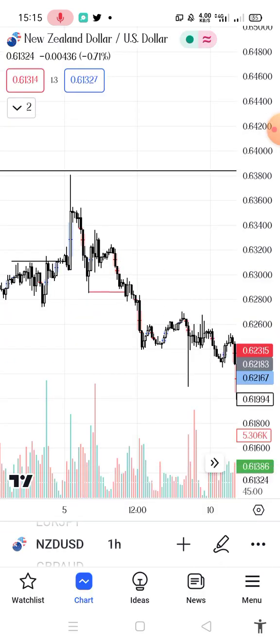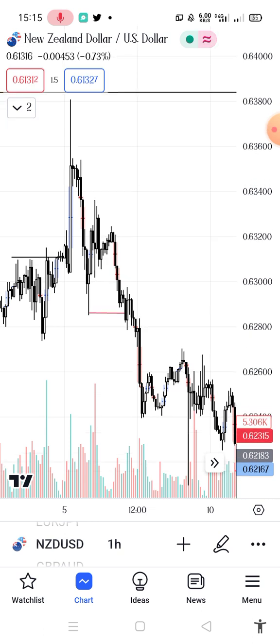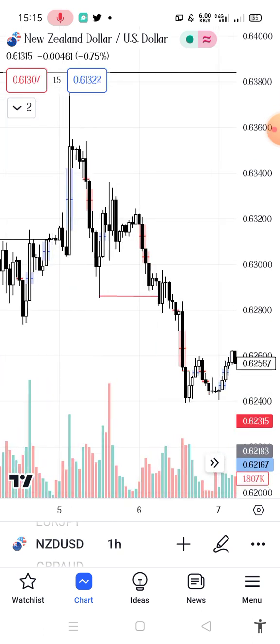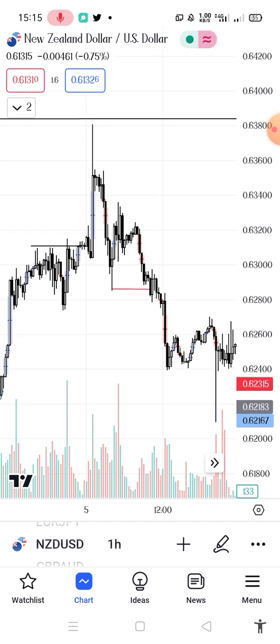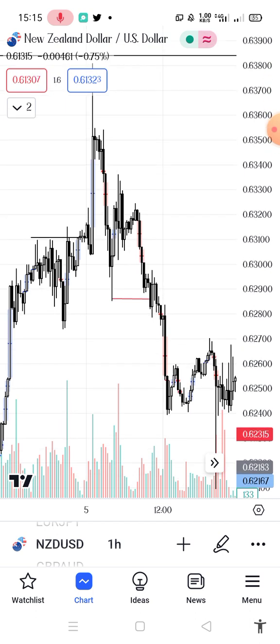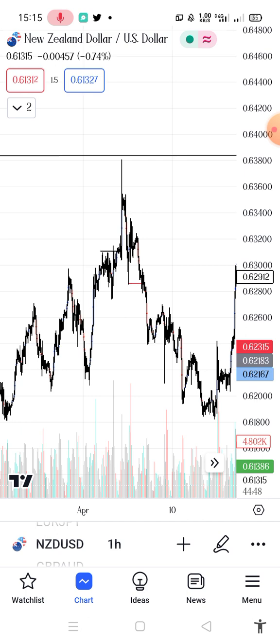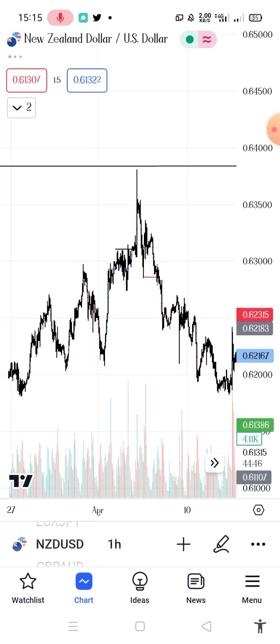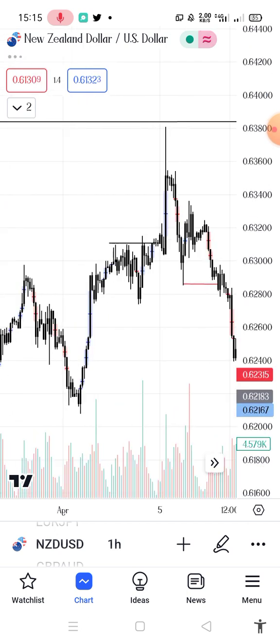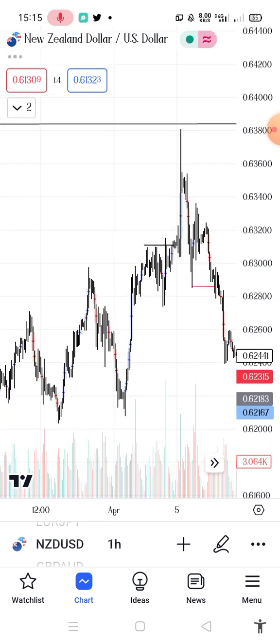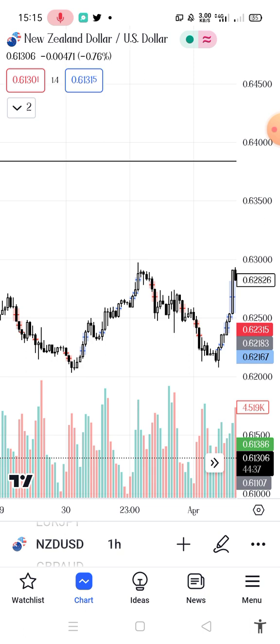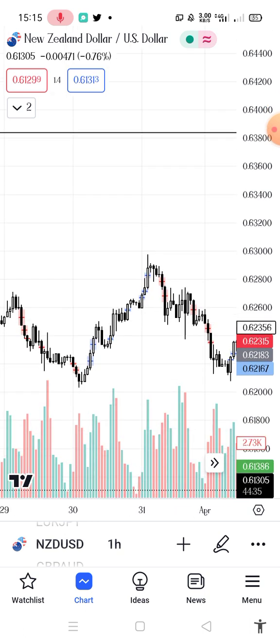So when it's on a downtrend, it's bearish, right? So all these black candles you see, let me show you something real quick. When it's moving up, what candle color do you see? The white.